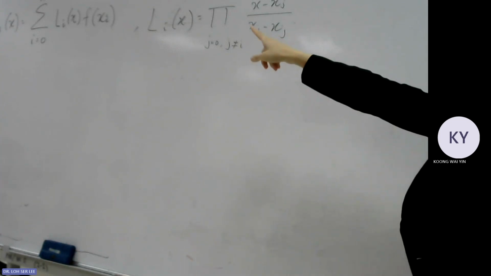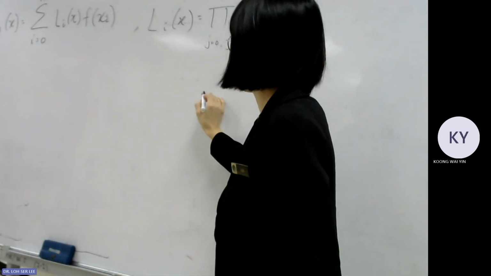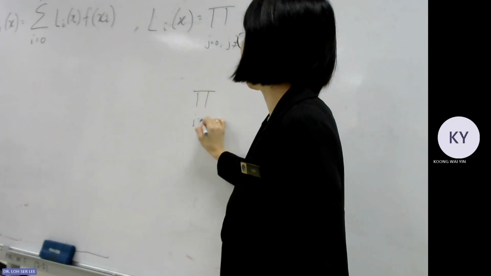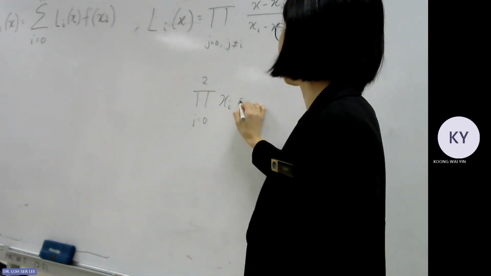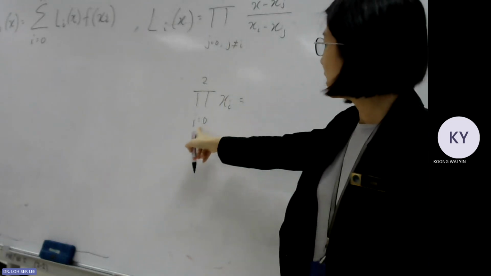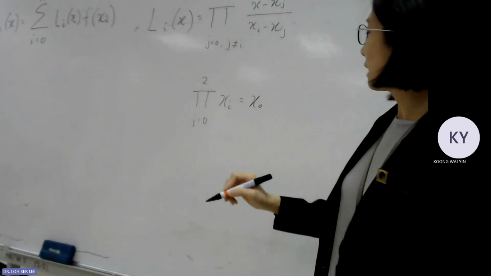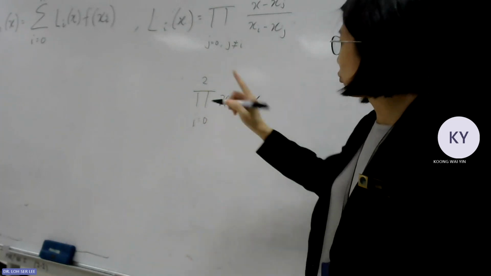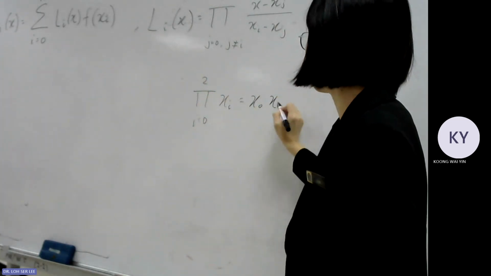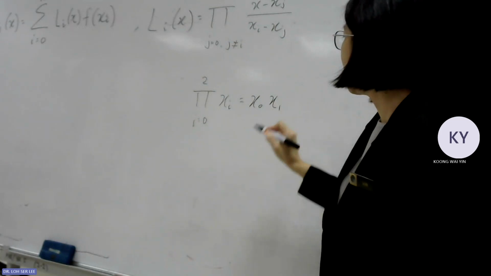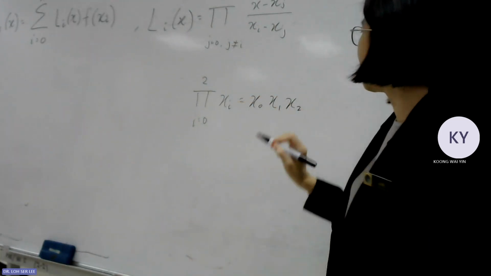If we use this formula, this big pi means if you have i equals 0 up to 2, let's say 2, and you have x_i, so this means i starts from 0. The first one will be x0, next will be x1, and because of this big pi, it means it will multiply to x1, then multiply to the next one, i is 2.